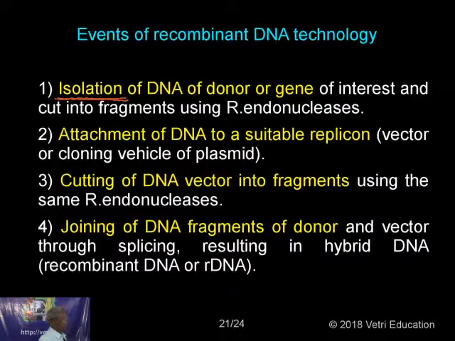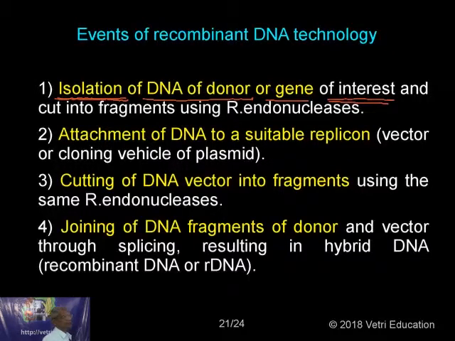A particular donor is ready for donating its gene. It is a very useful gene. So you have to isolate that gene from the other genes of that area of the chromosome. So the first one will be the isolation of the DNA with the particular gene which is of interest.